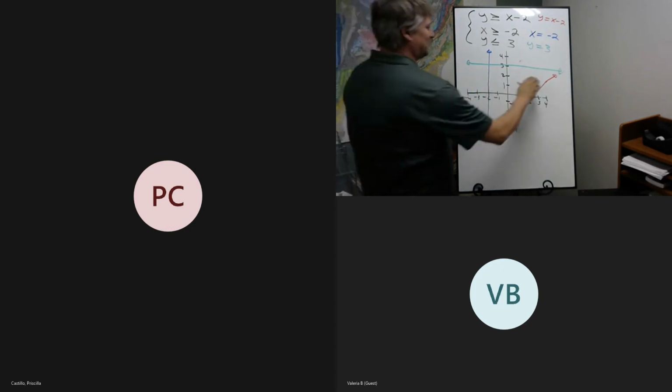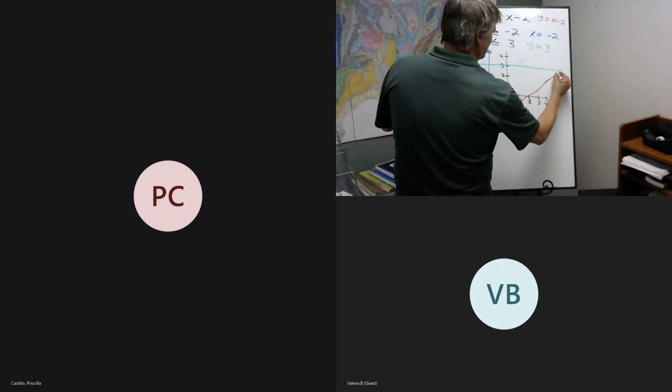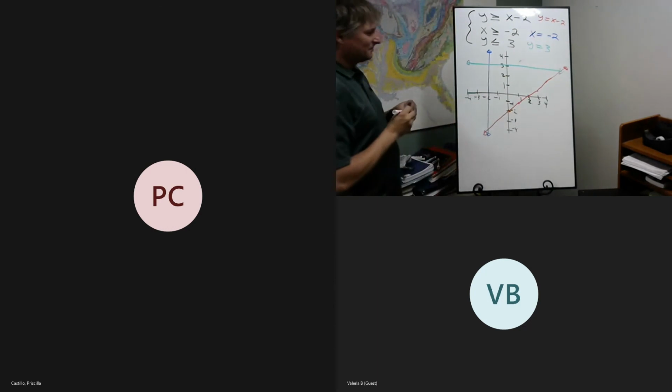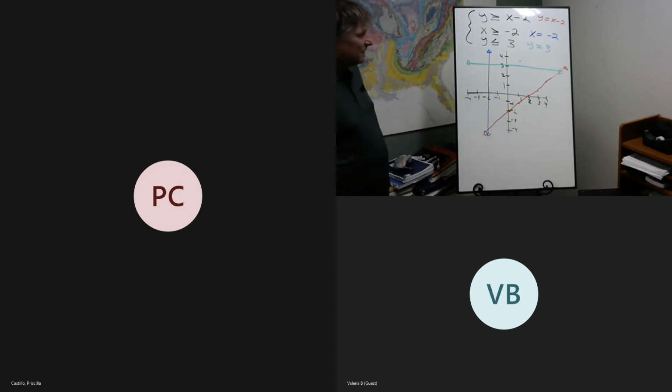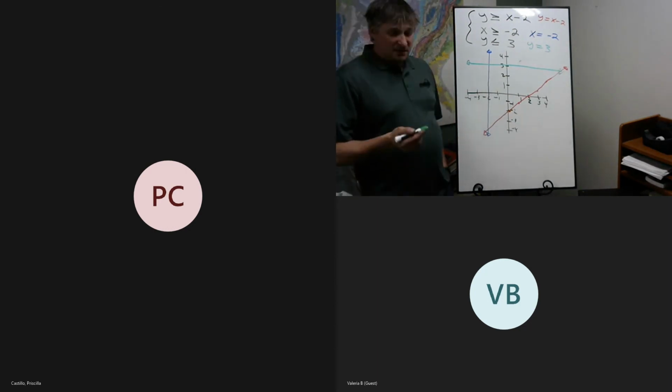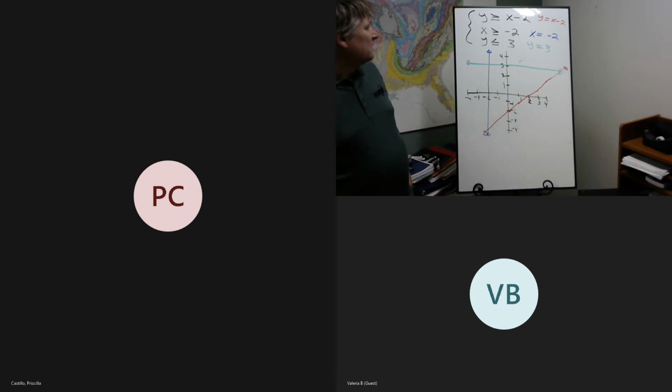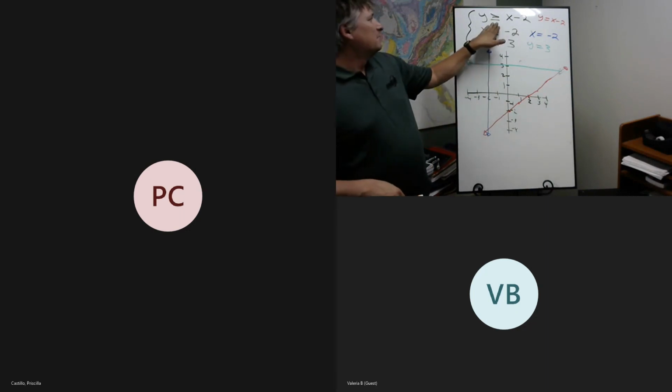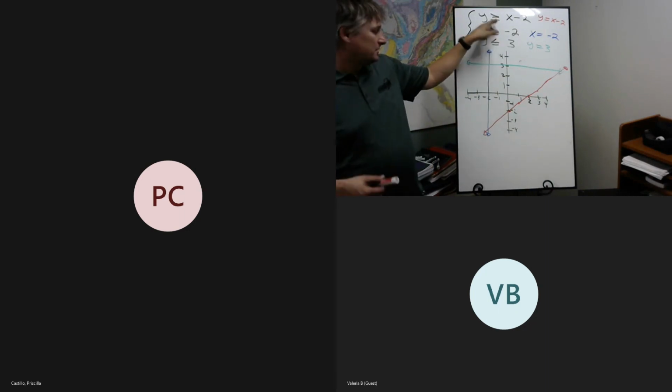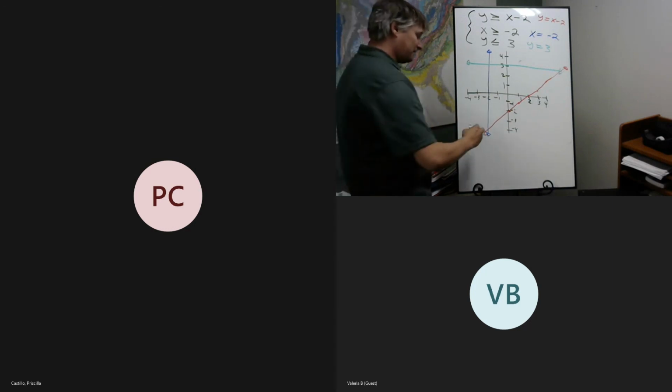Now let's shade this so we get the intersection. Well, for this line, it's y greater than. So that means we're going to shade above.